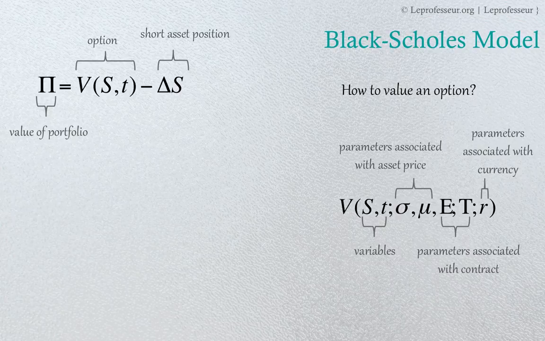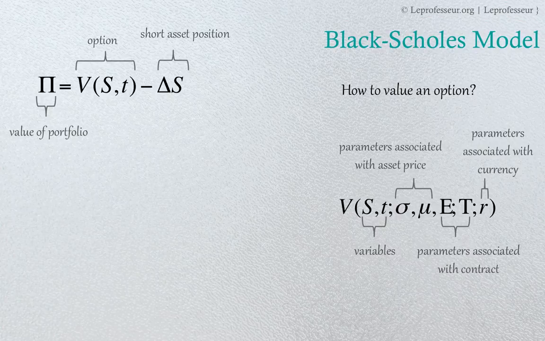Now it's very intuitive to ask what will be the little difference in the value of our portfolio if there is a small change. In physics or mathematics, we say, let's take a derivative, as we study in calculus.